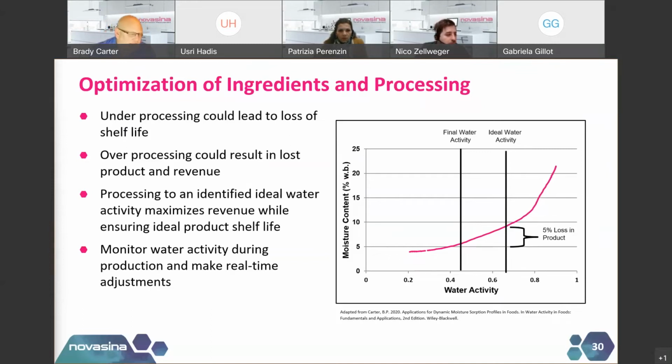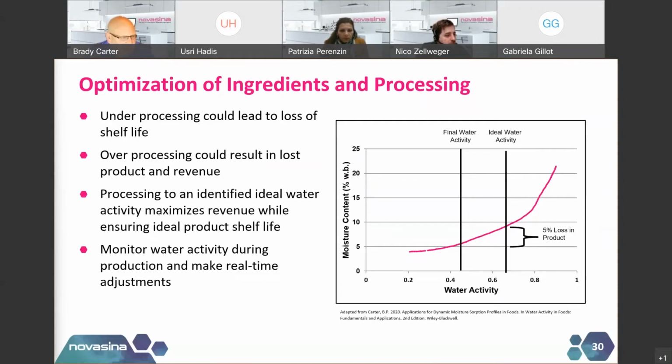Over drying, or drying to too low of a water activity, is not necessarily a good thing. The concept of the lower the better is not really true for products when we deal with water activity in any situation. And so it's important to understand, especially as you set up a drug release program, to identify what is that ideal water activity for this particular product and set that as one of the specifications during manufacturing so that you're always processing to that ideal water activity range.